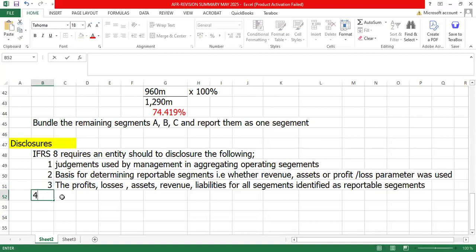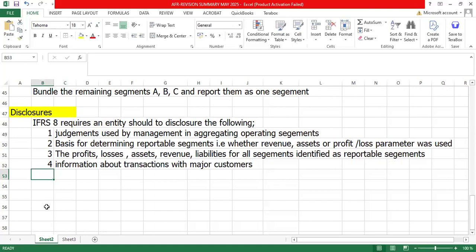Then next, you can give information about the transactions with major customers. It's also a disclosure. The transactions you made with major customers.